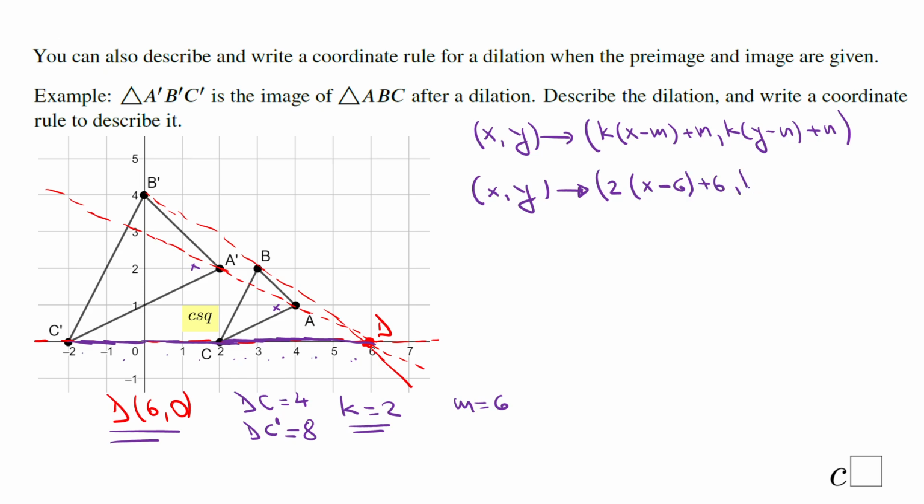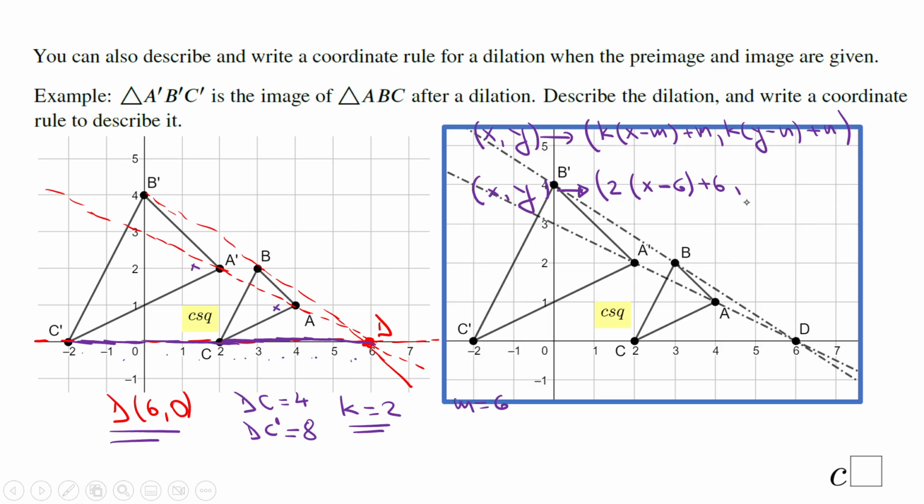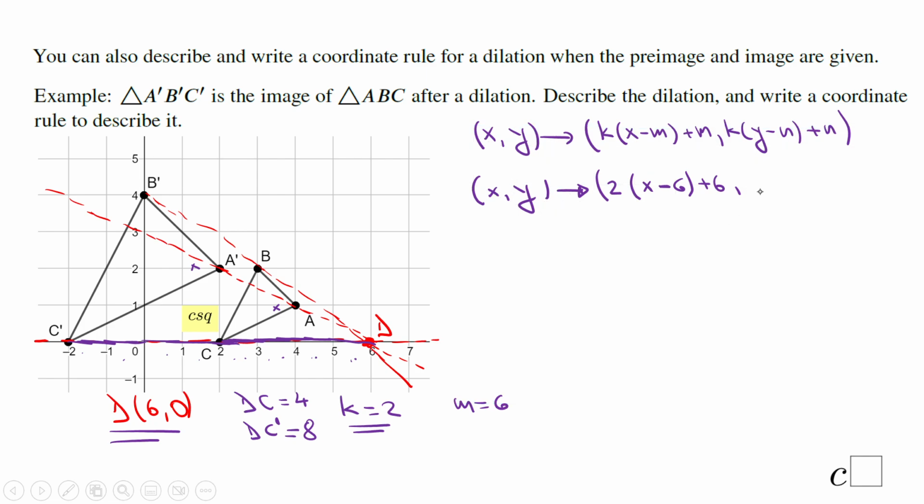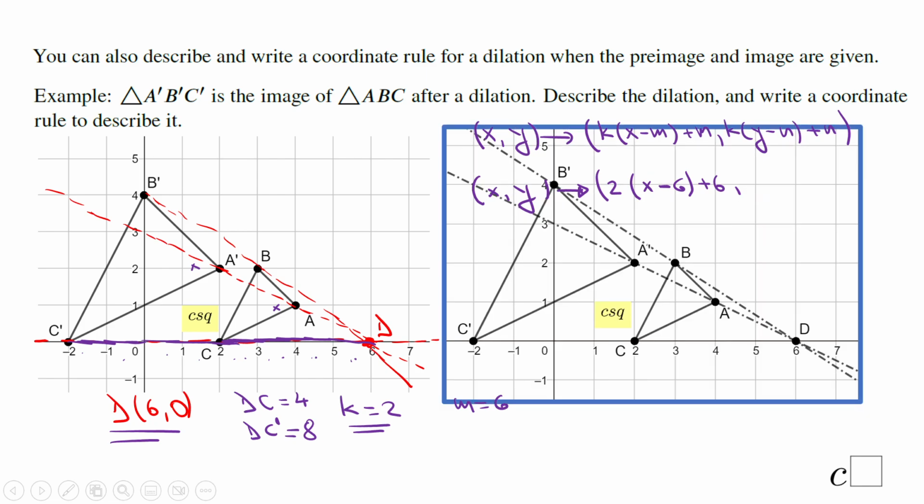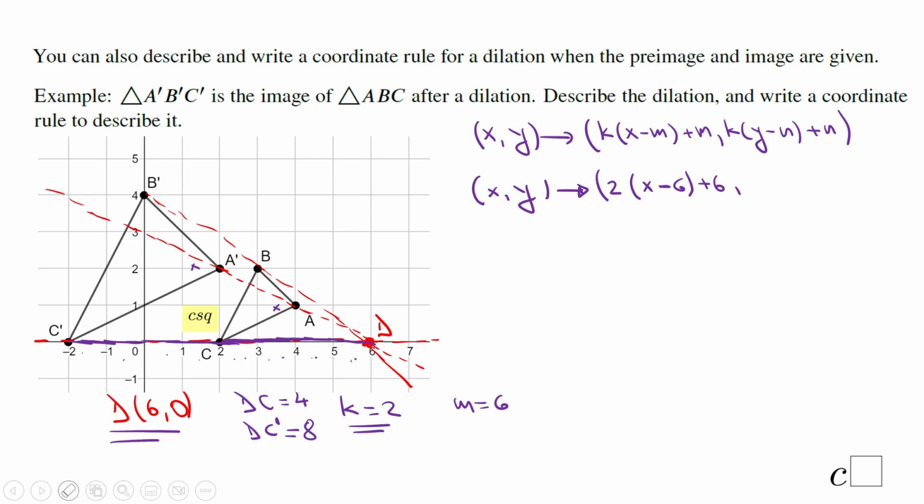And then the same for Y: the scale factor is 2, so we have 2 times (Y minus N).